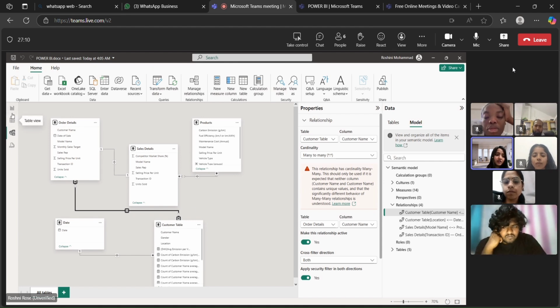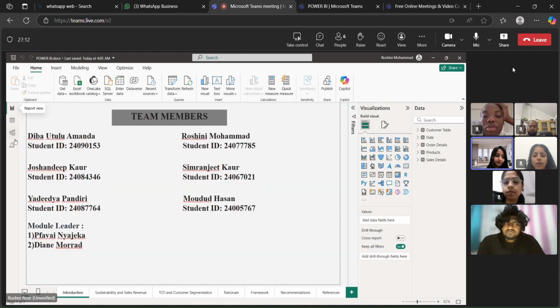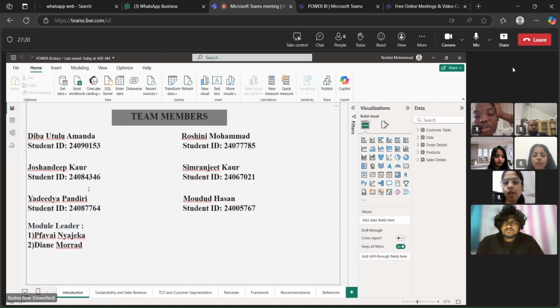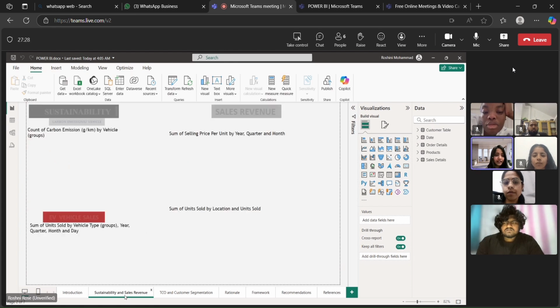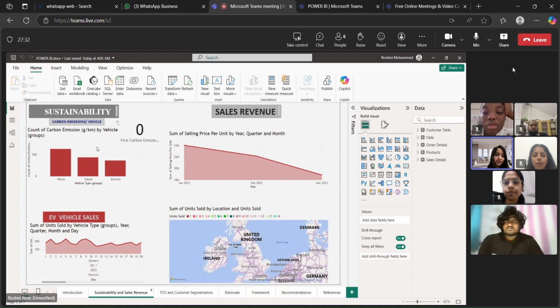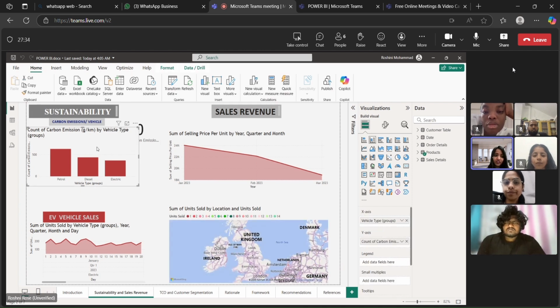Returning to the dashboard, I'm going to explain the sustainability KPI. Here I'm using a stacked bar chart.